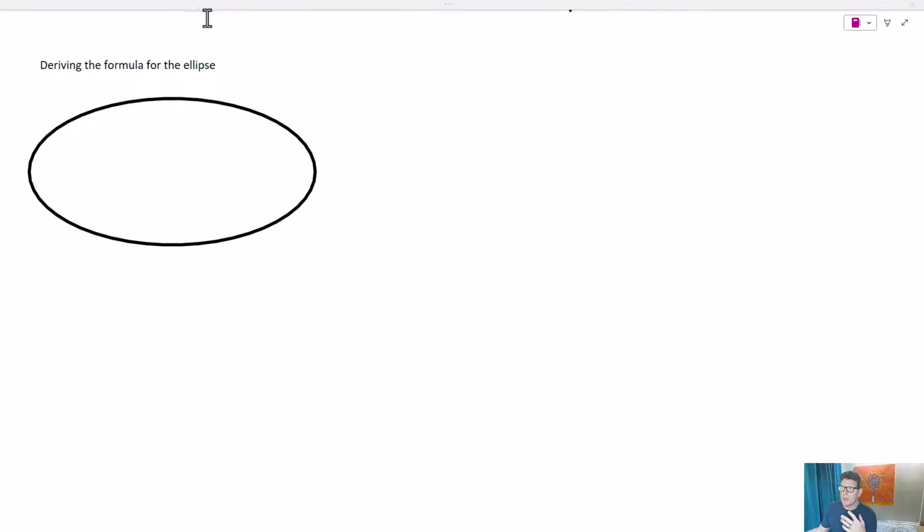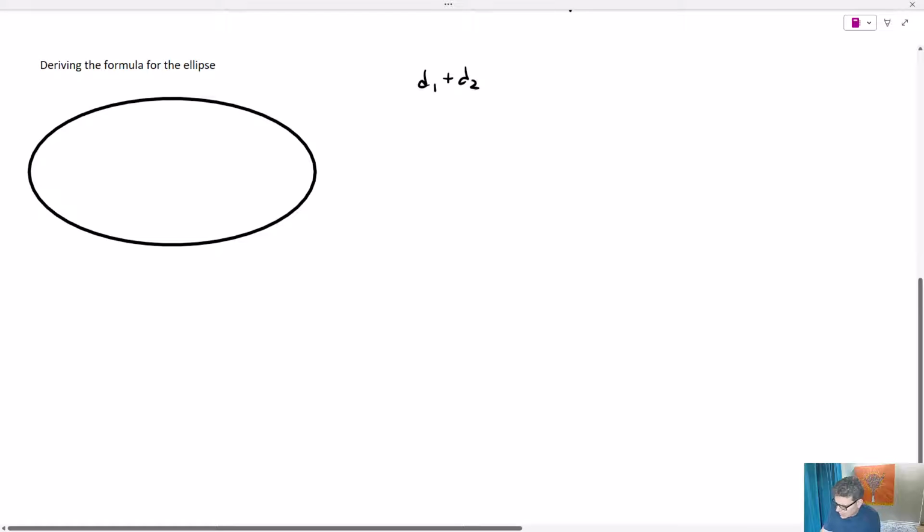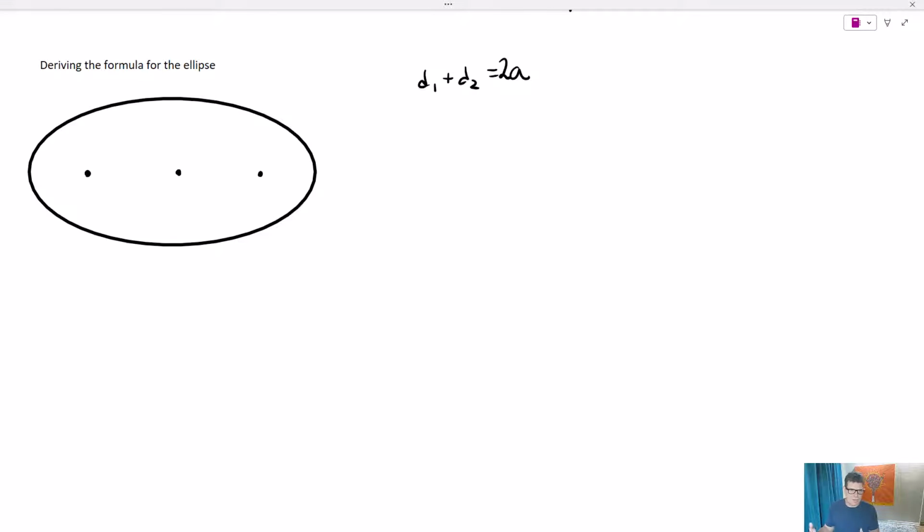Now what we want to do is we want to go in and derive the formula for the ellipse. To derive the formula for the ellipse, we're going to take some pieces of information. One is we know that when we add the two distances together, that's going to end up giving me 2A. We've got our foci, and for the sake of simplicity and without any loss of generality, we're going to have these foci on the x-axis.